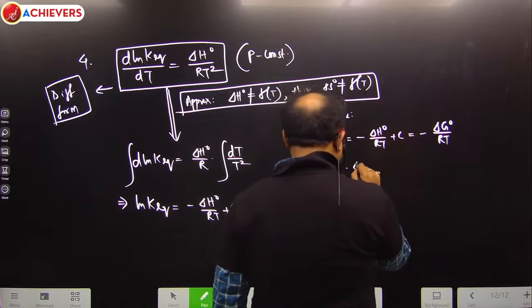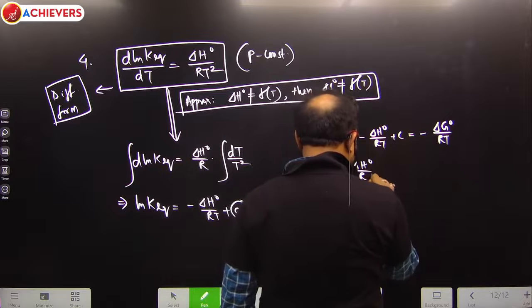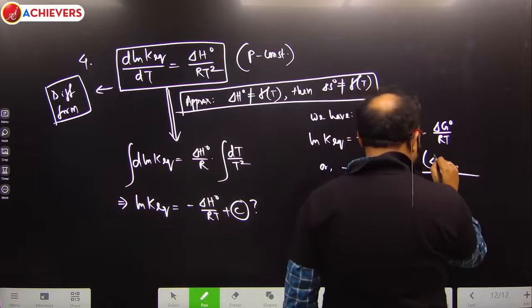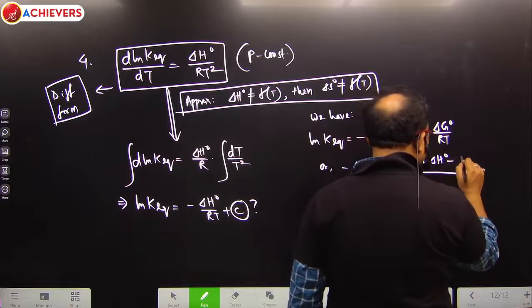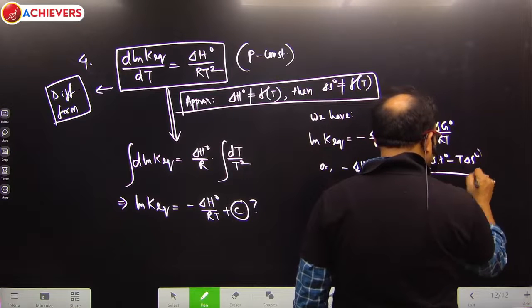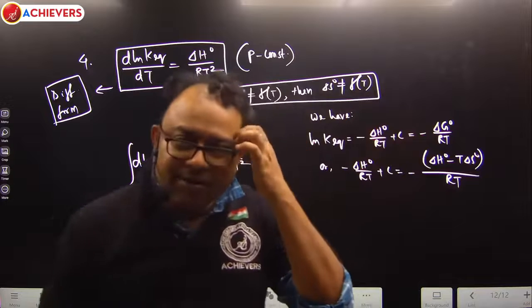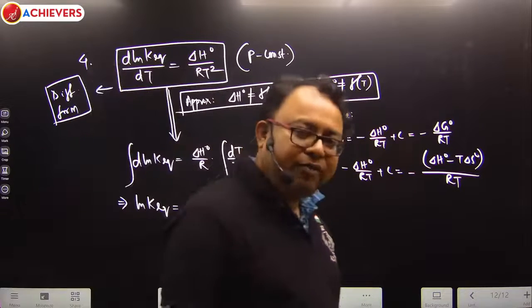So minus delta H naught by RT plus C equal to minus of delta H0 minus T delta S0 by RT. We know that delta G is delta H minus T delta S. That is a very common equation.